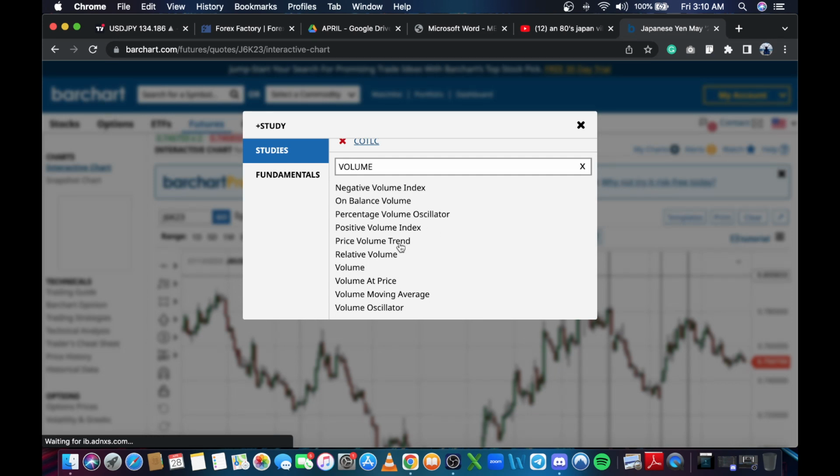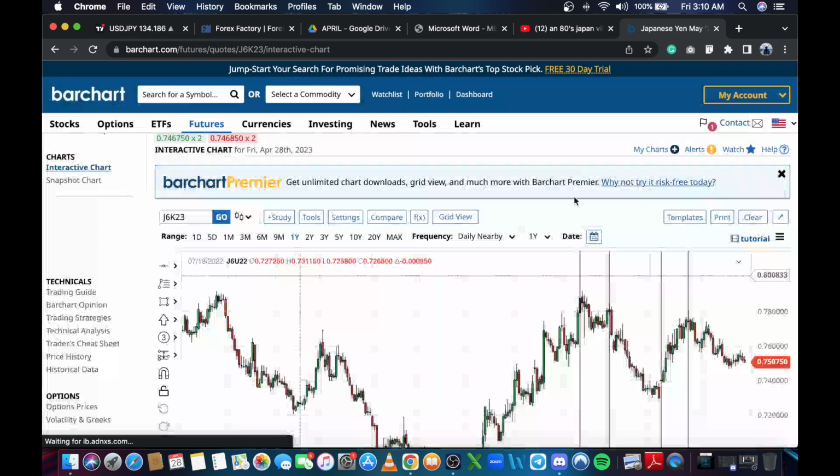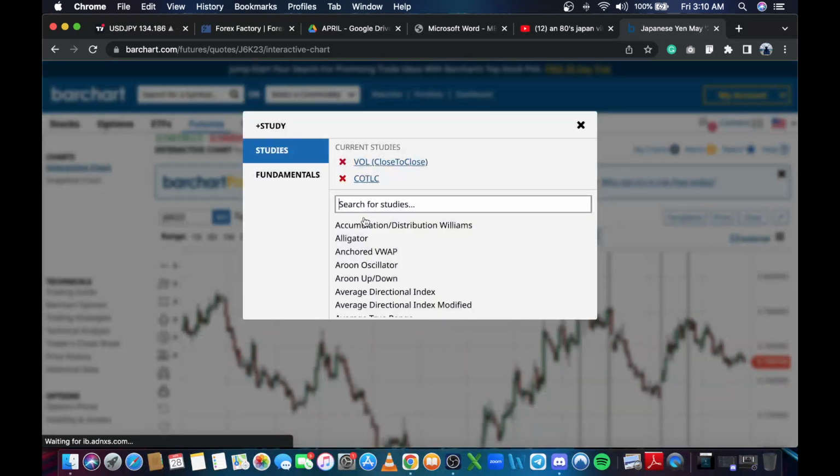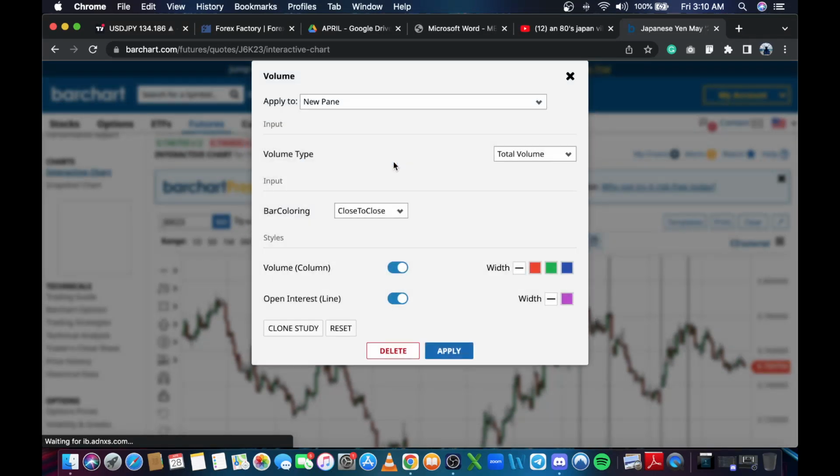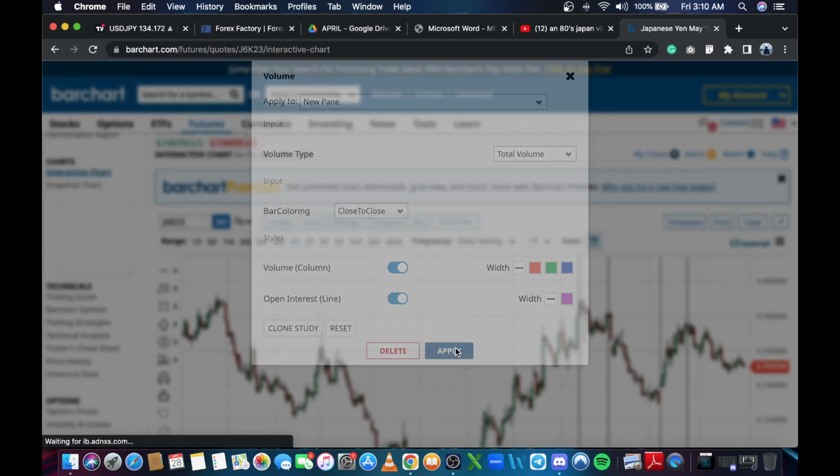Don't click on anything else. You only click on volume. If you click on volume, it should show you this. And you can just apply. You don't need to do any settings or anything, but make sure that the open interest line, so you can see here, open interest in brackets, line, is applied there, and you're good to go.